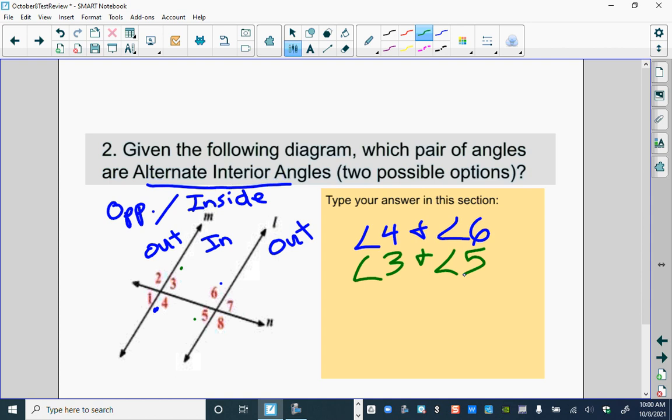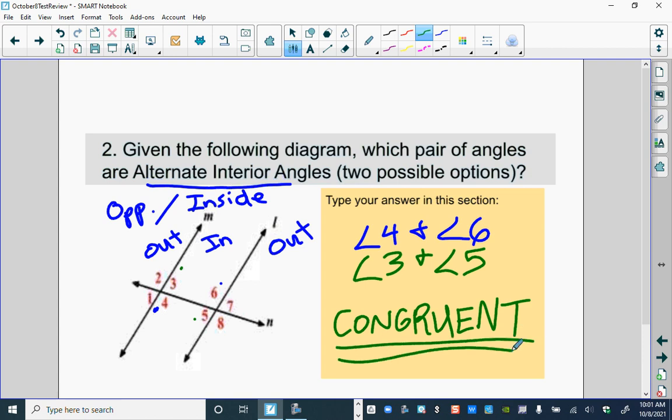If there are alternate interior angles, you have congruency. Congruent. Questions?